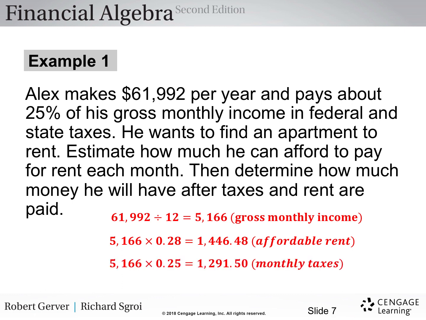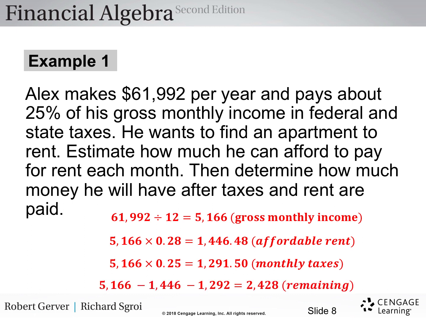Now, we're going to try to figure out how much he spends on taxes each month. He said that he spends about 25% of his gross monthly income on federal and state taxes. So if we multiply the gross monthly income times 0.25, we come out with $1,291.50 of his gross income paid each month for taxes.